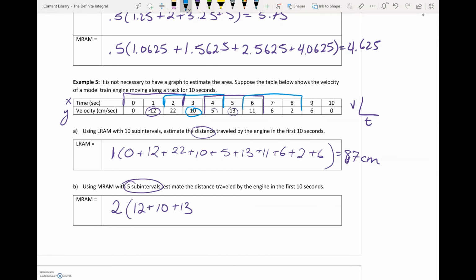Then 6 to 8, that middle number is going to be 6. Then 8 to 10, our middle number is going to be 6 again. Then we're going to add these all up and then multiply it by 2. So that it's going to be 2 times 47, which is 94 centimeters.